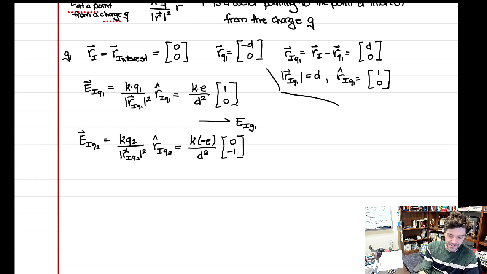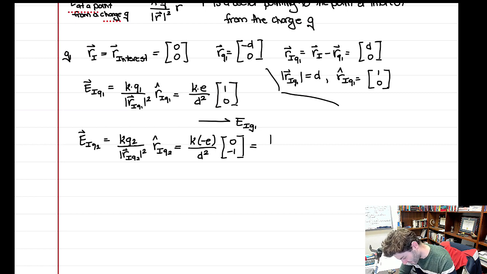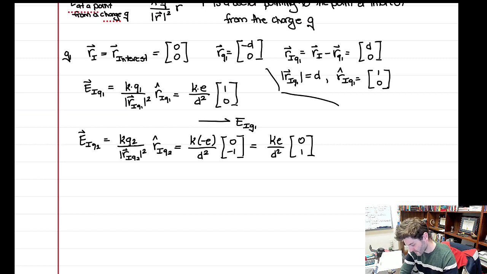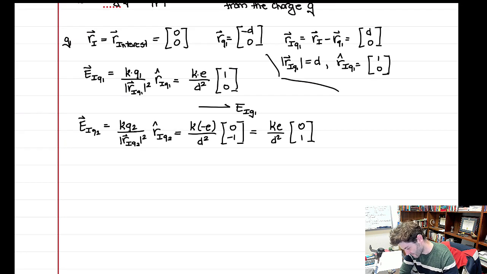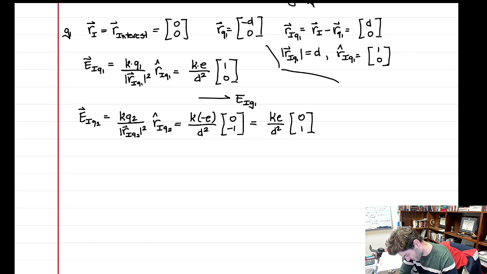Write down the position vectors for the charge and the point of interest, figure out that relative vector, what I'm calling r sub iq2, figure out its magnitude, calculate its unit vector, convince yourself this is what you get. So then if I multiply that negative sign in, looks like it's ke over d squared, 0, positive 1. A vector that seems to point straight up is the electric field at the origin because of q sub 2.